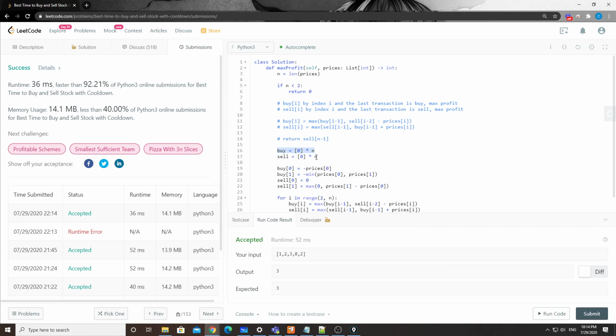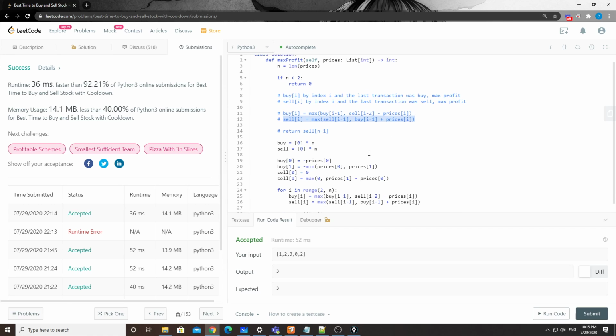One is for buy, which stands for: by index i, where the last transaction is also buy, what's the max profit? And for the sell, same thing: by index i, where the last transaction was sell, what's the max profit? Then we can simply come up with the state transition.